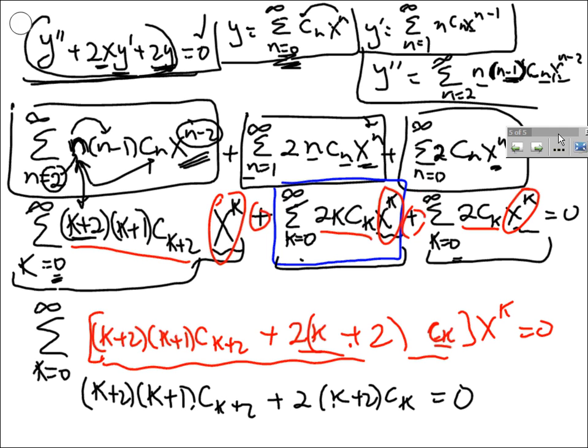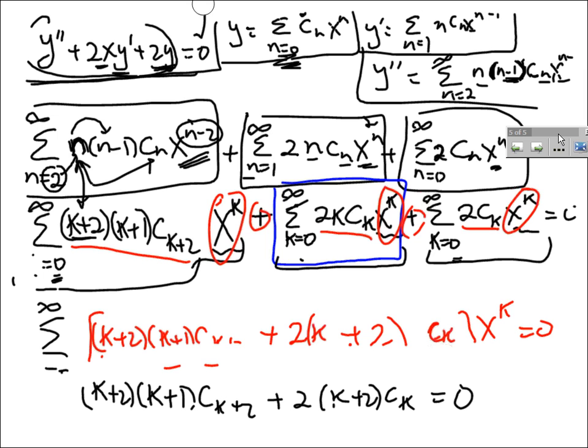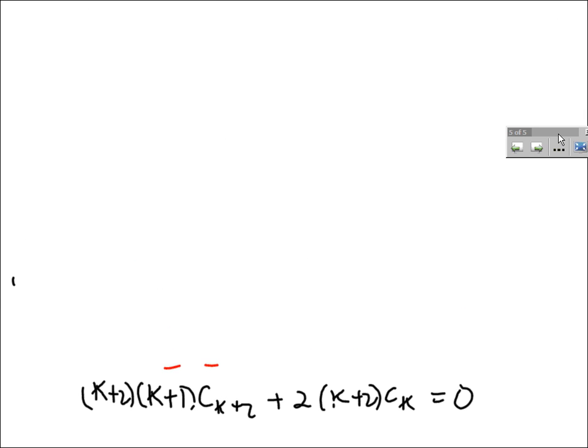And now the second phase of the problem starts: finding the c sub k's, or the c sub n's. Remember, our solution is the summation of c sub n x to the n. I need to find the c sub n's.